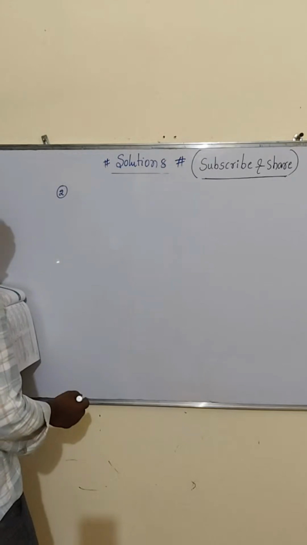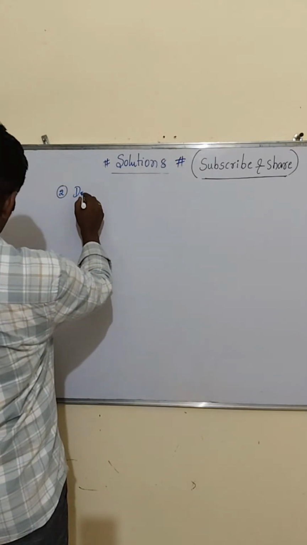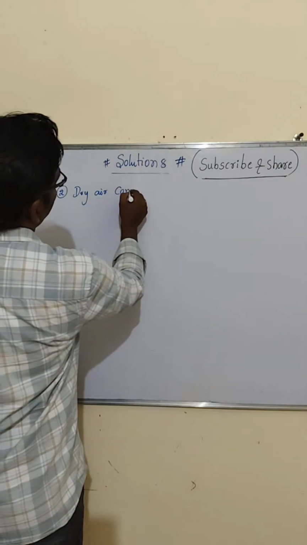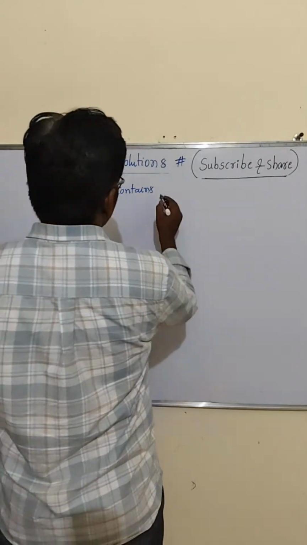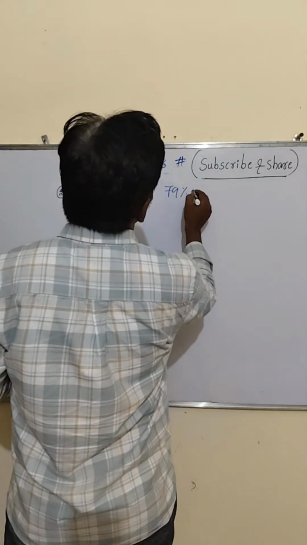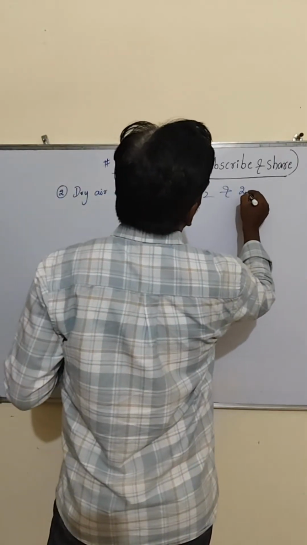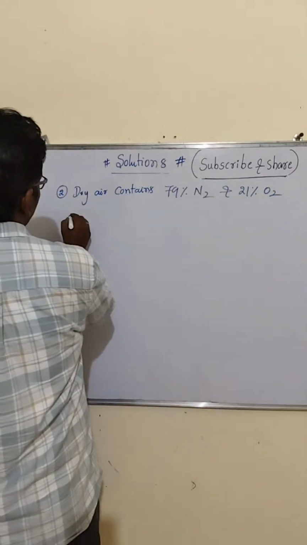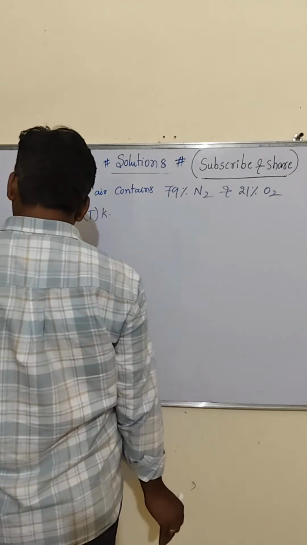Dry air contains 79% of N2 and 21% of O2 at temperature T kelvins.